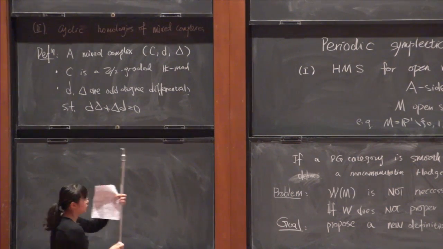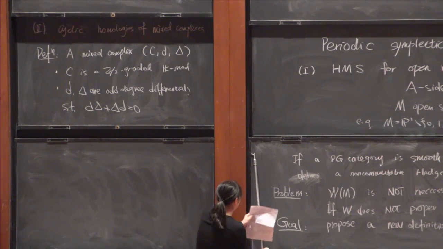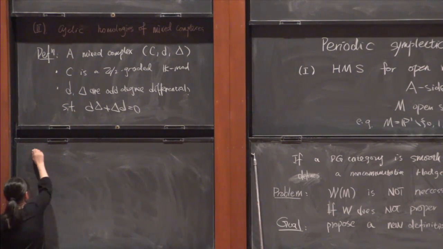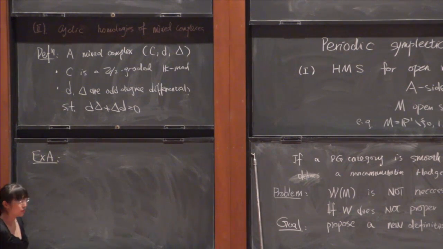So let me give some examples of these. Example A is the prototypical example on the A side.